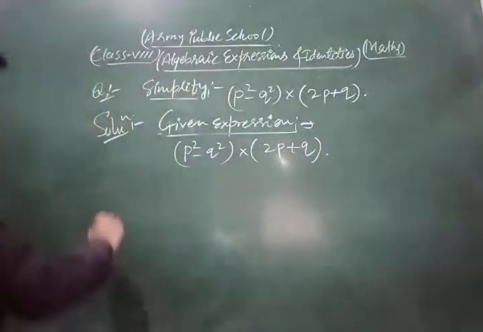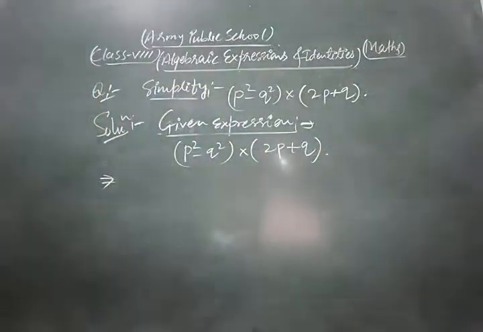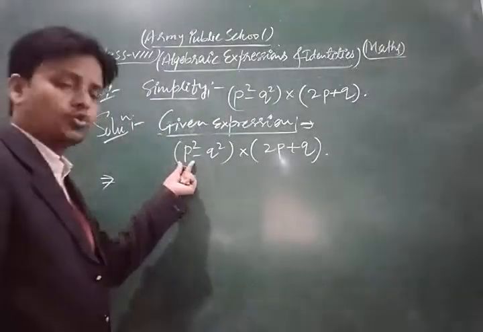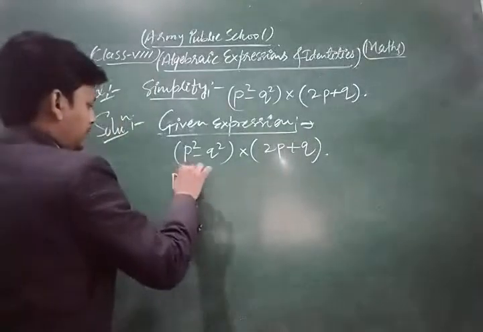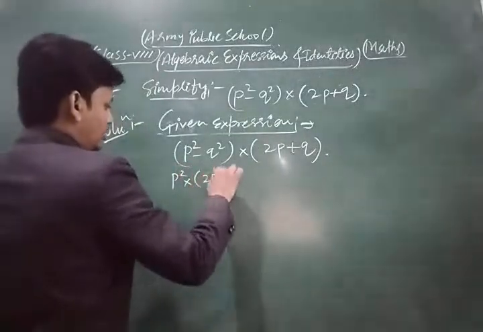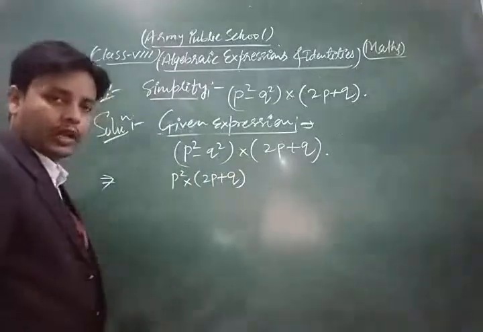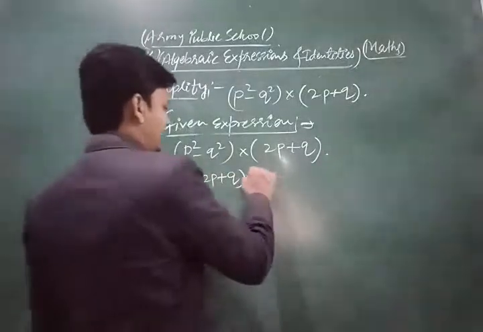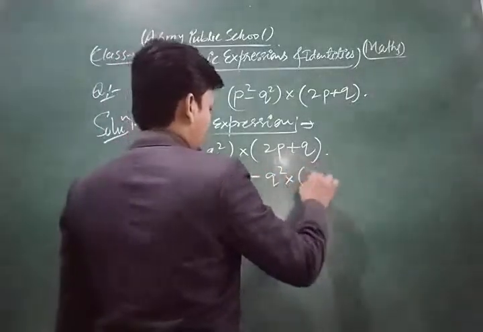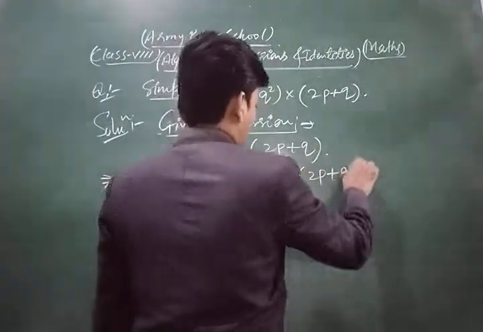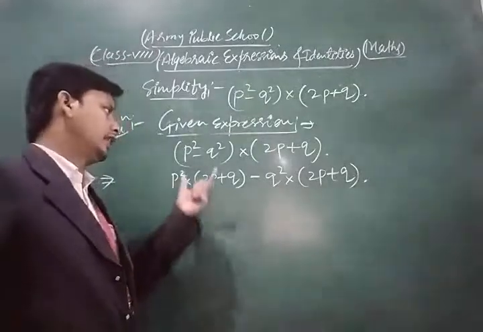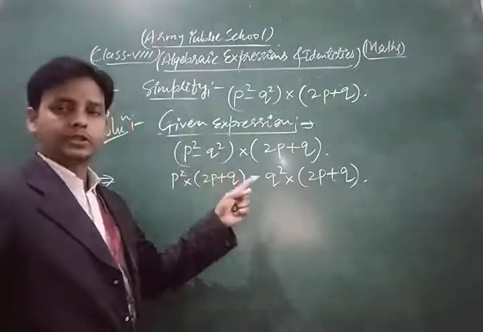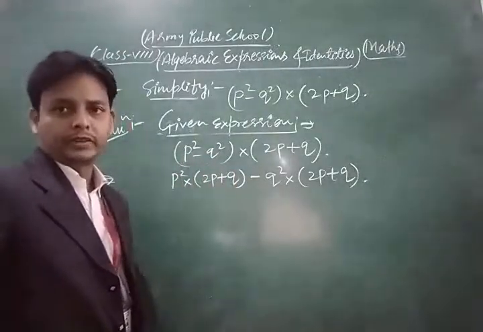So now we write in this way: first of all, p square into the whole expression, that is p square into 2p plus q, and now minus q square into 2p plus q. So first of all, we write the given expression in this format.